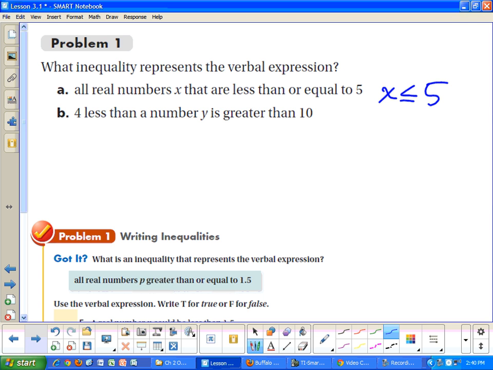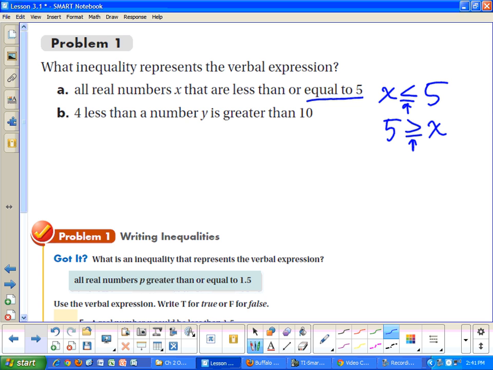All numbers that are less than or equal to 5. Or we could also write that 5 is greater than or equal to all the numbers. Notice that 5 is included in this since it says it can be equal to 5. The way we show that is by putting a line underneath the inequality.